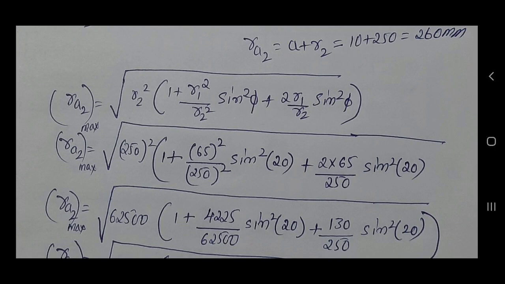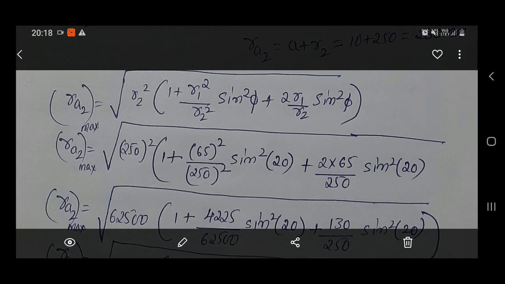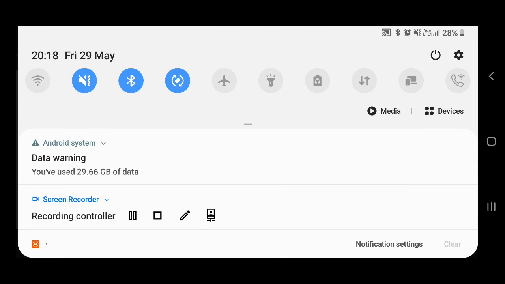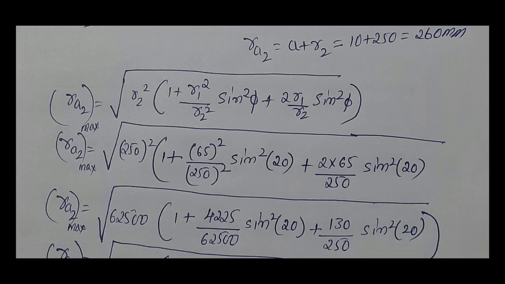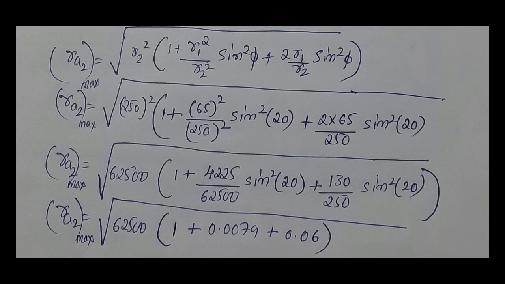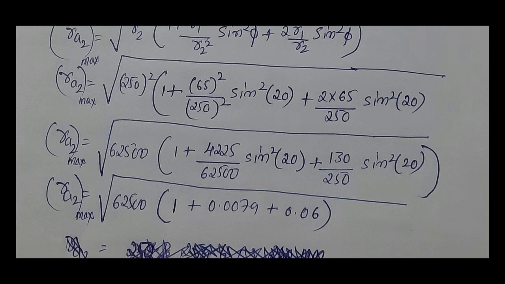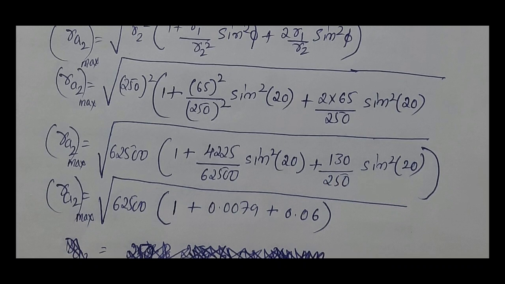So substitute the values. RA2 max is equal to square root of 250 square of 1 plus 65 square divided by 250 square sine square of 20 degrees, the pressure angle, plus 2 into 65 divided by 250 sine square of 20.